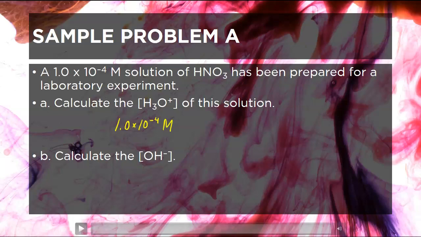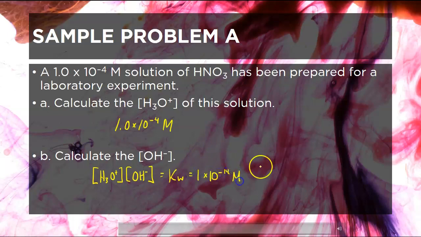And then to calculate the hydroxide ion, we know that the concentration of hydronium times the concentration of hydroxide always has to equal Kw, assuming we're at room temperature. So that's 1 times 10 to the negative 14th.